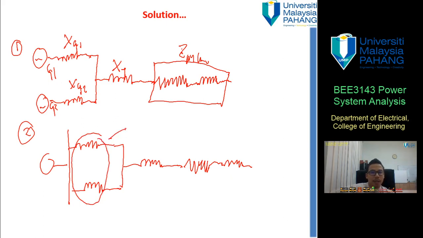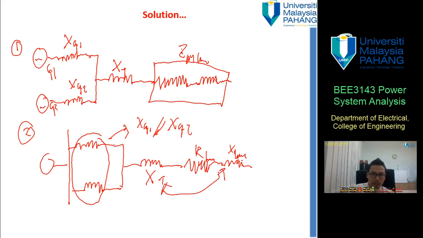So parallel means XG1 and XG2. This is the XT, and this R and X for the line, R line and Z line. Here you can understand that this is parallel, and these can be summed because this is series. So we just simplify it like that.